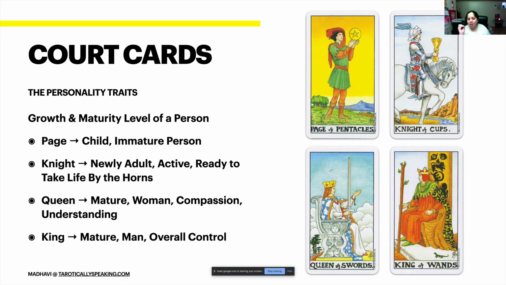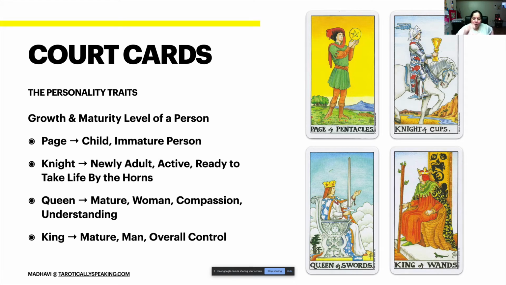I've had women show up as kings and guys show up as queens, and it's just how they're showing up in the situation. When I say woman, I would say feminine, those very specific qualities that a woman has: compassion, understanding, warmth, that sort of thing. So that's how the queen shows up.